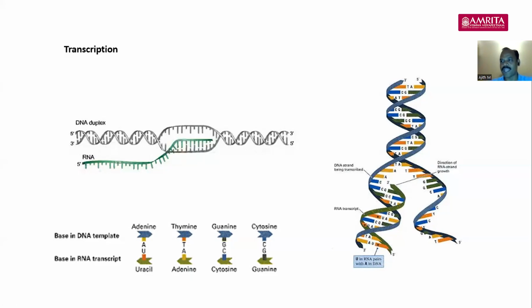The polynucleotide chains of the DNA have direction. One has a phosphate at its end, the other has an OH group at its end. So you have a 5' phosphate end and a 3' OH group. So anybody can ask the question, what is the direction in which the RNA molecule is synthesized? 5' to 3' direction. So the 3' end is actually growing. One nucleotide at a time is attached and it is growing.